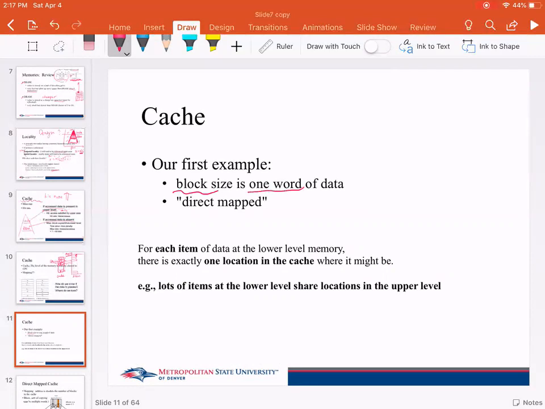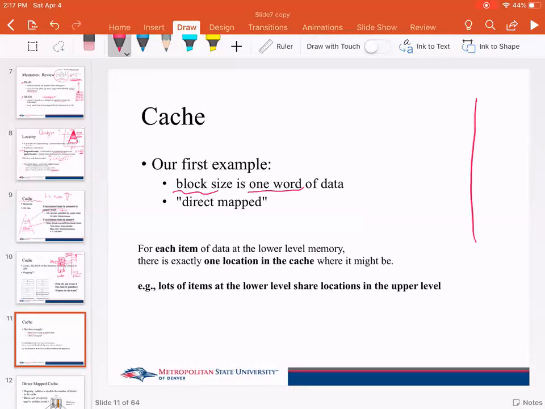This is the easiest, most common example. In future, we may have other caches where one block could store multiple words. So for each item of data in the lower level memory, the RAM, there is exactly one location in the cache where it might go.